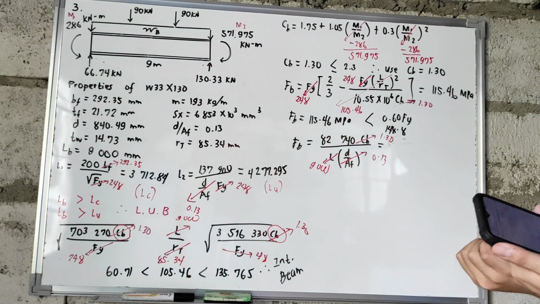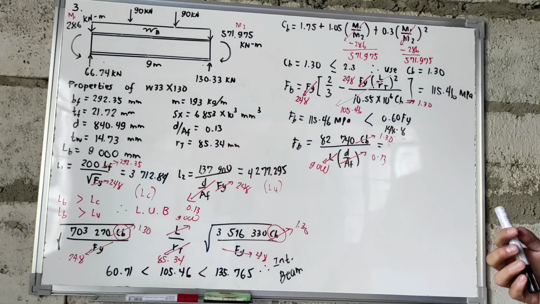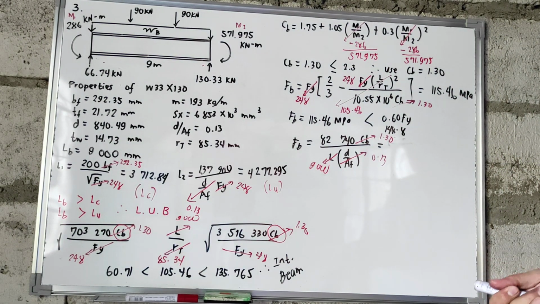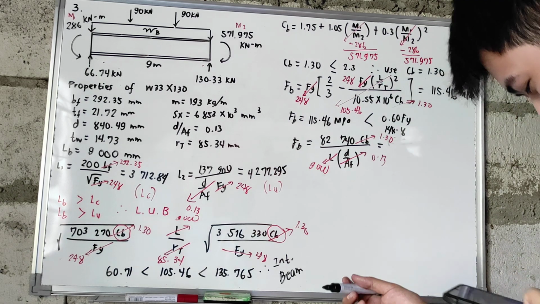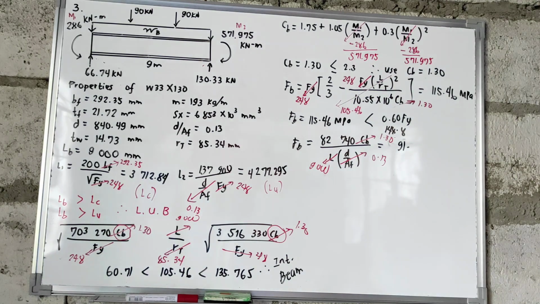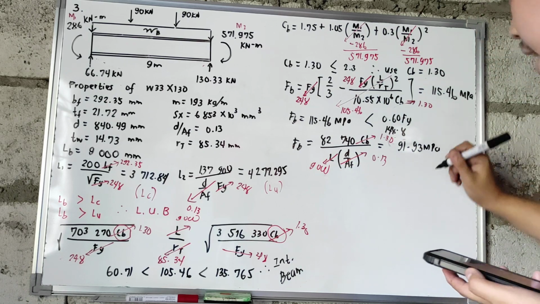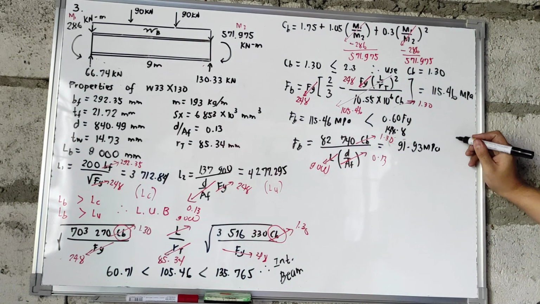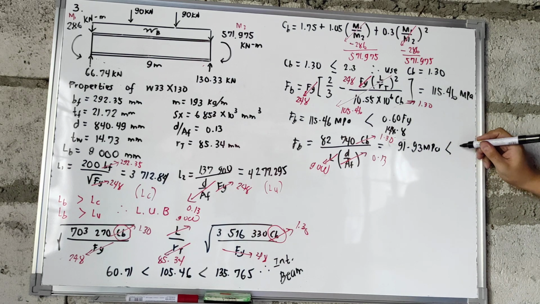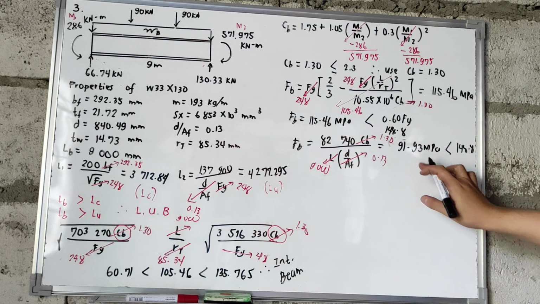So, the value of our FB here is now equal to 91.93 megapascal. So, compare natin ulit siya sa highest ordinate, which dito sa 0.60 Fy na 148.8. So, okay siya kasi nag-less than.